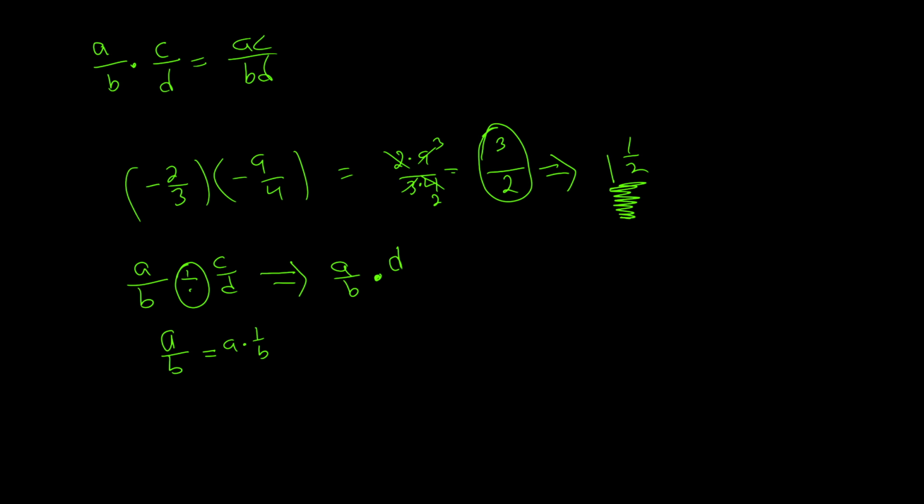Well, I take the upstairs and downstairs and I switch them. So if I have negative 3/5 divided by 7/11, I would write that as negative 3/5 times 11/7. Now I have a negative times a positive, so this is going to be a negative 33/35.